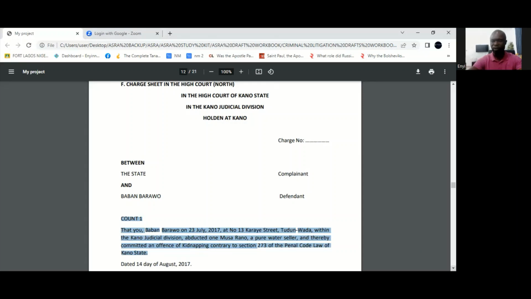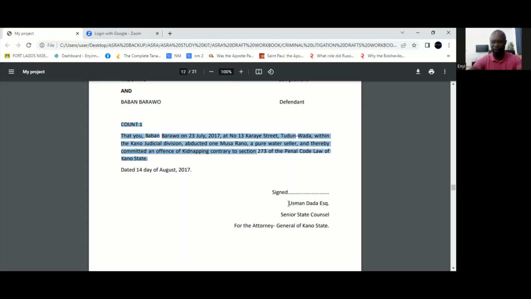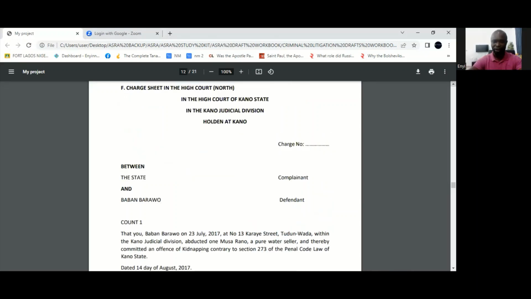The only difference is that this time we have it being signed by an officer in the AG's office and not the police. So both of them are exactly the same in terms of the structure.